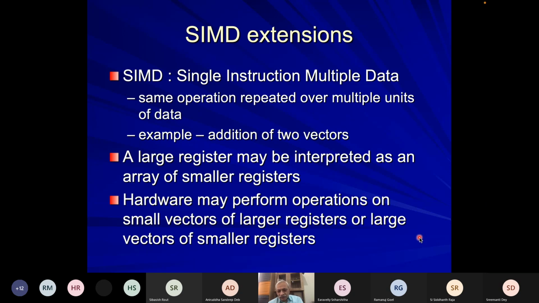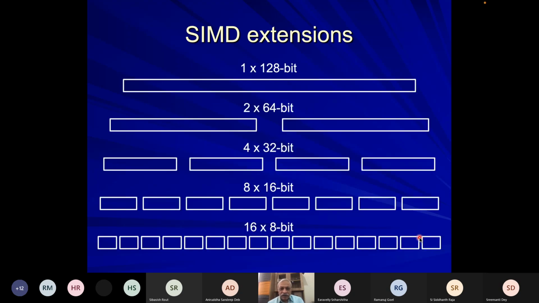For example, if you have a 128-bit register, you can think of this as a single 128-bit number, or 2 64-bit numbers, or 4 32-bit numbers, and so on, and you can perform element by element operation on such a vector. This is something I had discussed earlier also.